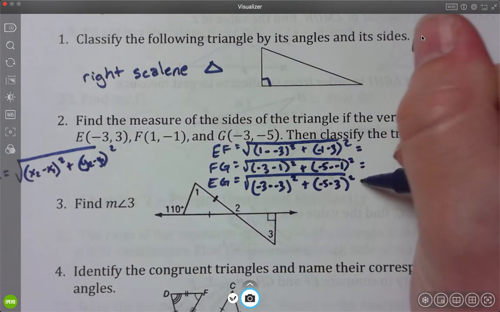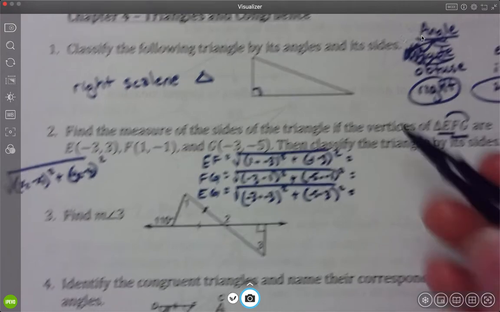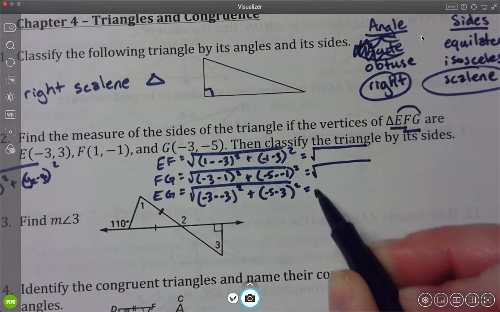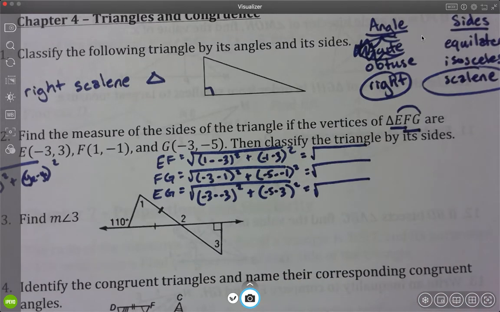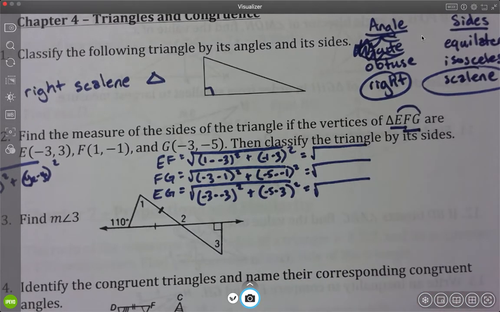Okay, you could have done that in a different order or backwards, and it doesn't really matter, just because we're going to end up squaring it. So if you end up with a negative inside of here, it's going to end up making it positive no matter what.